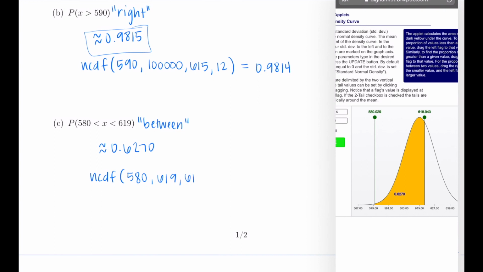Then again, my mean, 615, and standard deviation of 12. When you put this into your calculator, you get an exact value of 0.6688. Actually, that's not exact because I rounded it to 4 decimal places. It gives you a lot more than that. But this is pretty close, right? It's not as good of an approximation as part B, but it's a pretty decent approximation.